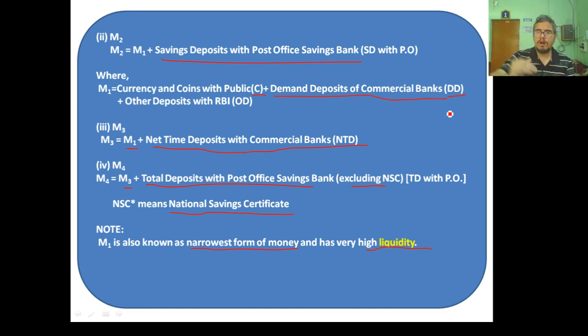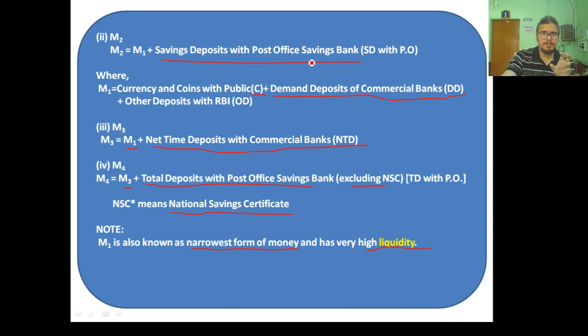Now if we move up more and more, we find that M2 is less liquid than M1, though it is also a narrow form of money. Why is it so? It is less liquid than M1 because it comprises savings deposits with the post office.